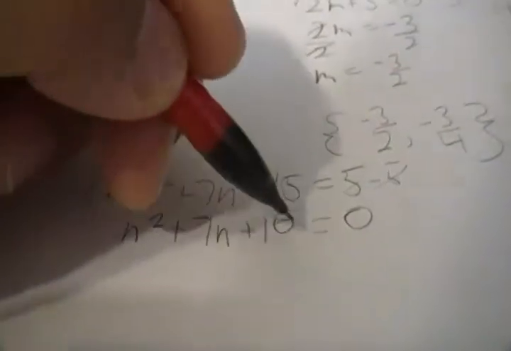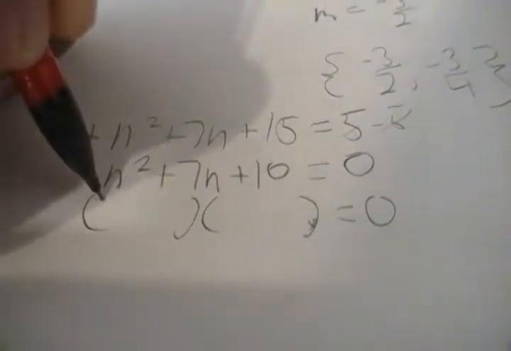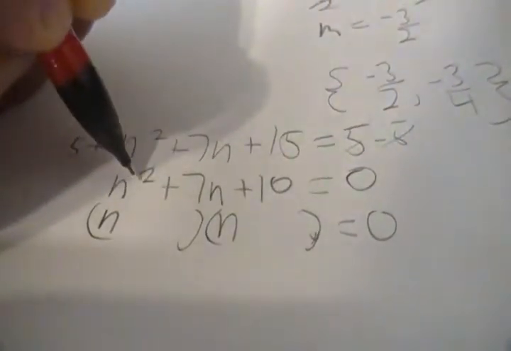Now we try to convert this into a binomial product. To do that, for the n squared, for each binomial you write an n, because when we multiply this out we should get n squared.